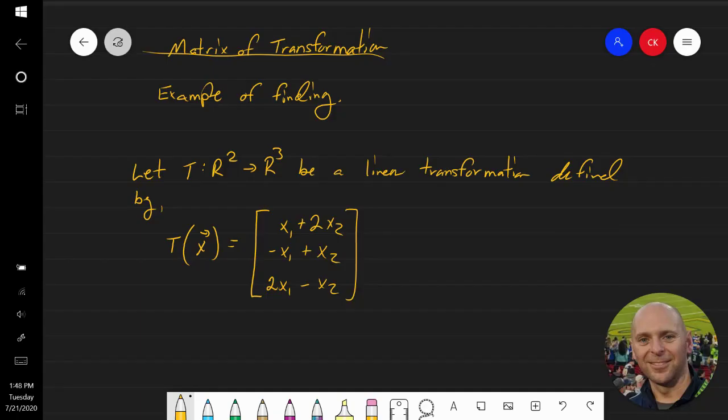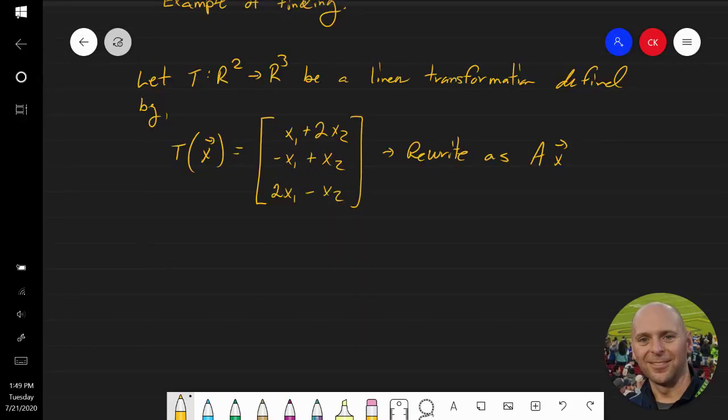And in order to get what we refer to as the matrix of transformation, essentially we rewrite this as a matrix product, if you will. So we want to rewrite it as a matrix A times x, which is something that we're getting kind of used to at this point.